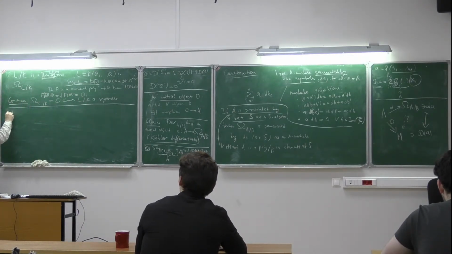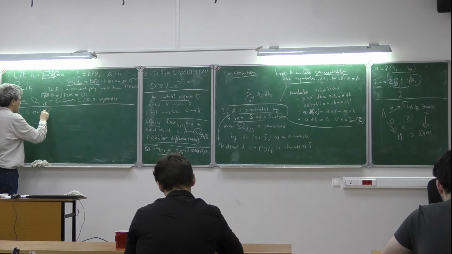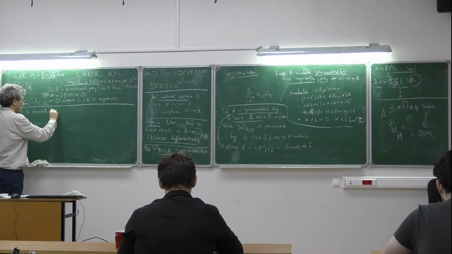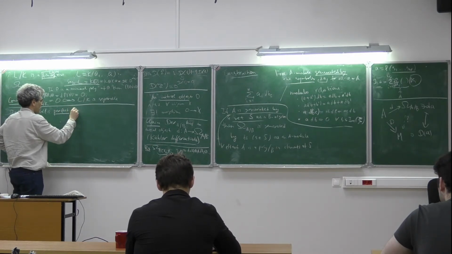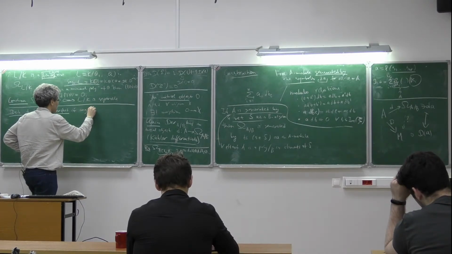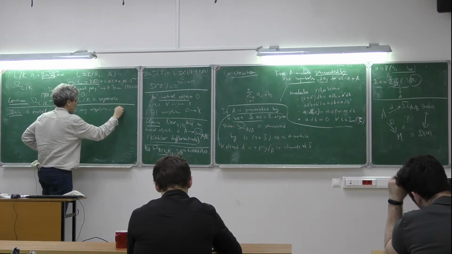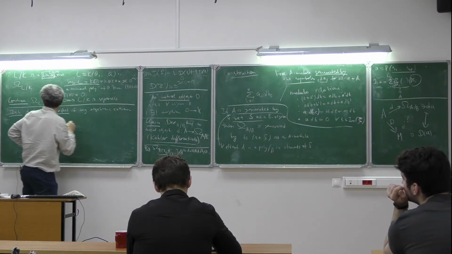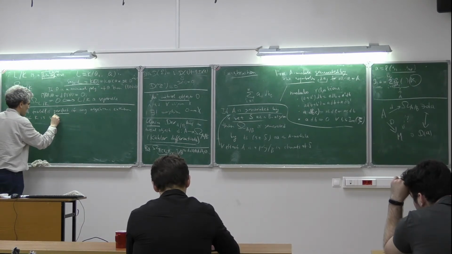So a field K is perfect if any algebraic extension of K is separable.